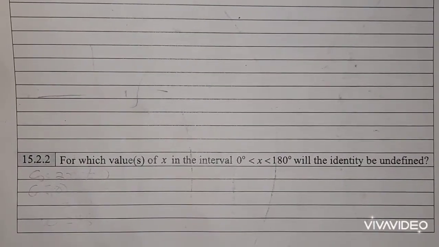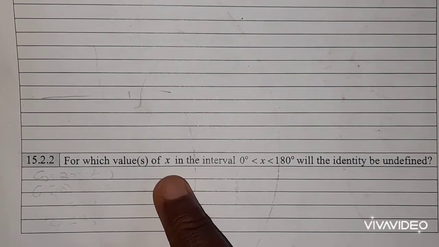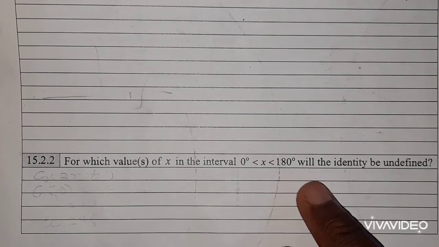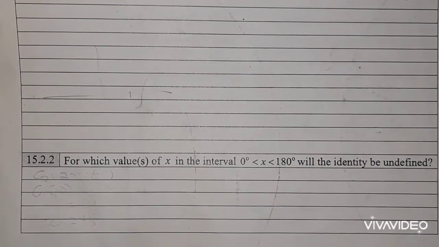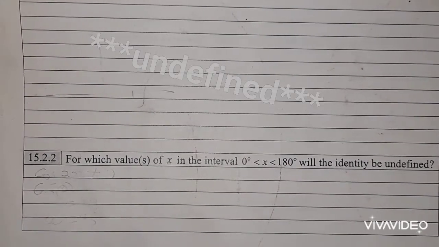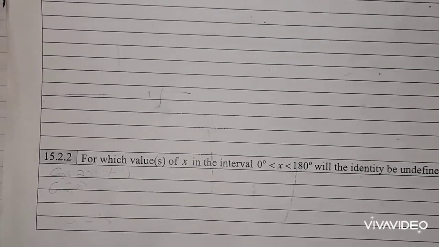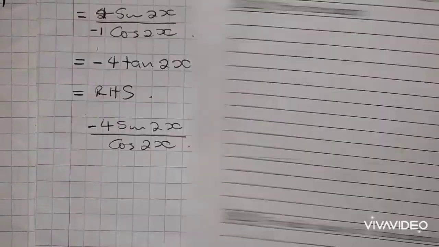And the next question, for which values of x in the interval 0 degrees to 180 will the identity be defined? Usually when you are looking for values for which an identity is defined, you look at the denominator.